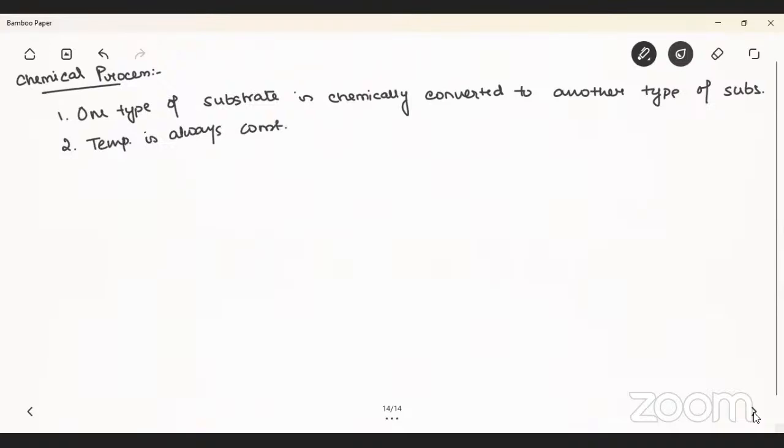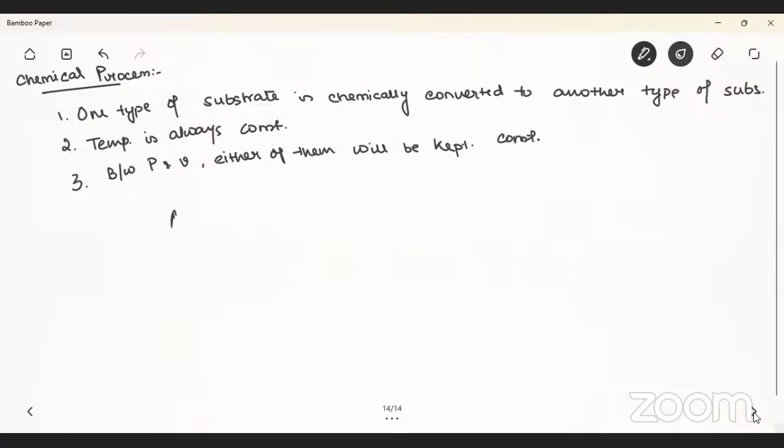This is the second property. And out of pressure and volume, one parameter will be constant. So between pressure and volume, either of them, only one will be kept constant. These are the three major properties of the chemical process.